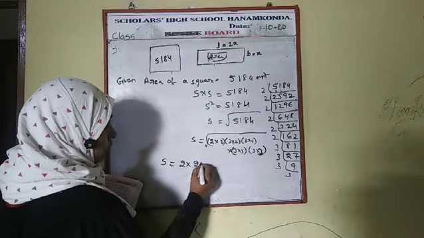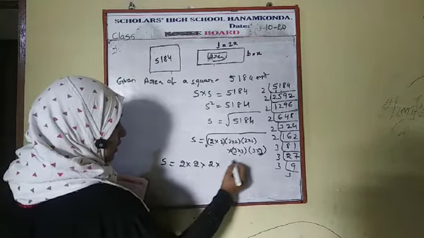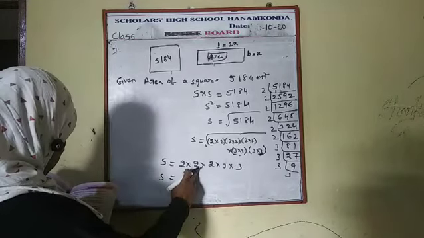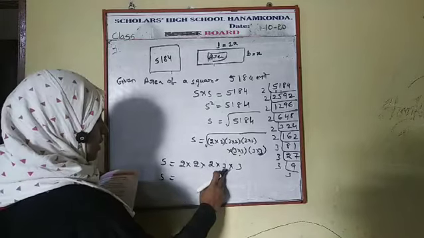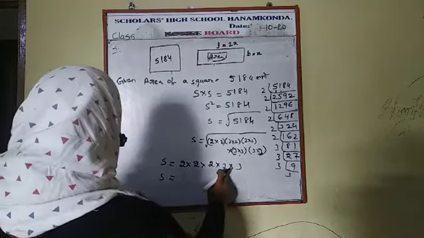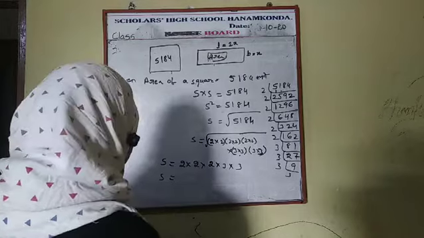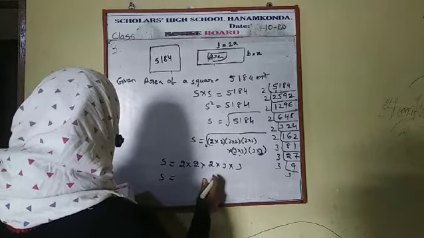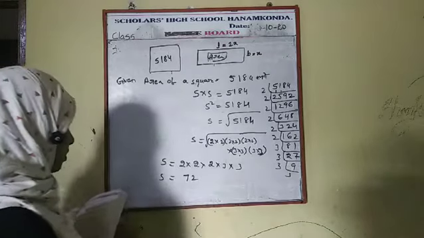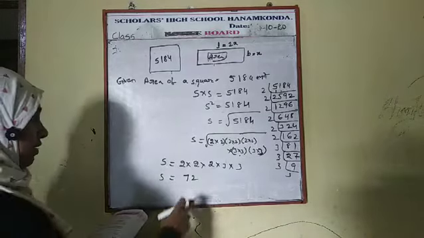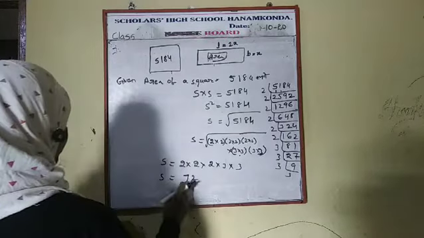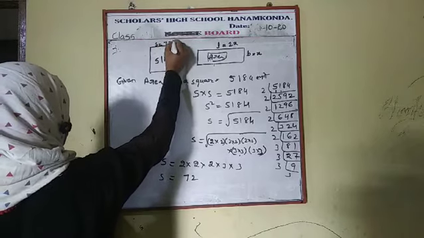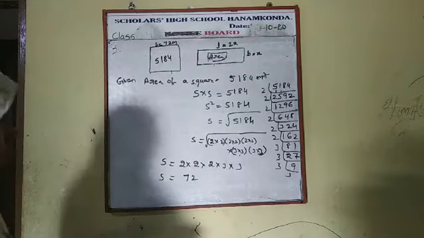Here one more 2, here one more 2, here single 3, here single 3. 2 2s are 4, 4 3s are 12, 12 3s are 36. 36 3s are 72. 72 is our answer. That is, side is 72. S is equal to 72 meters.